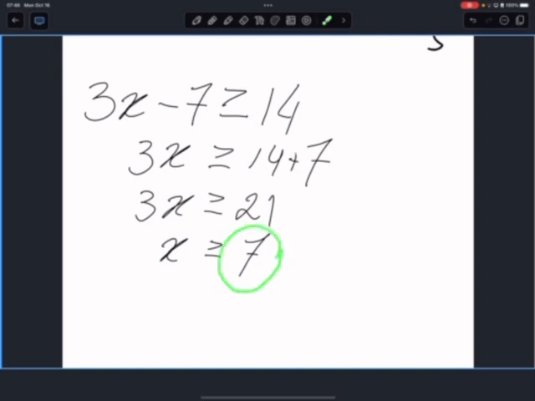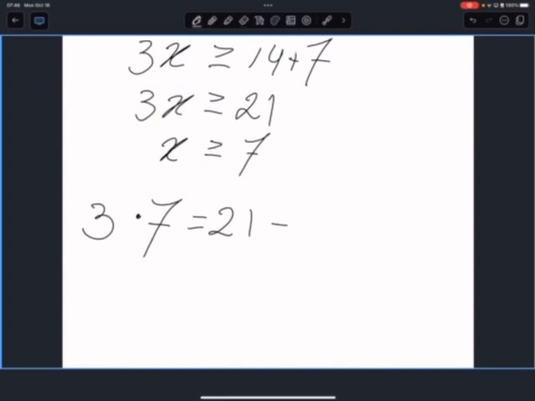And when I get to my answer, which is 7, 3 multiplied by 7 equals 21. Subtract 7, that answer becomes 14.